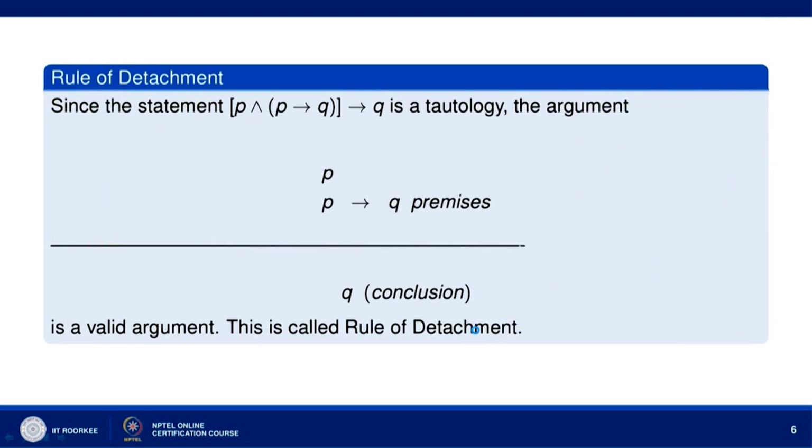Now, let us go to rule of detachment. P and P implies Q implies Q is a tautology.